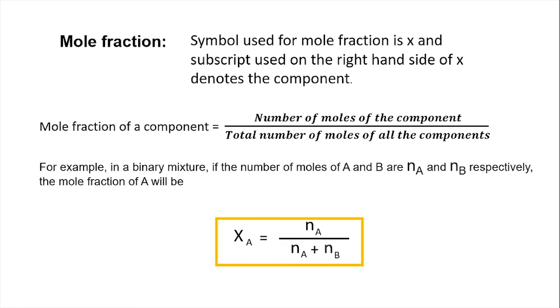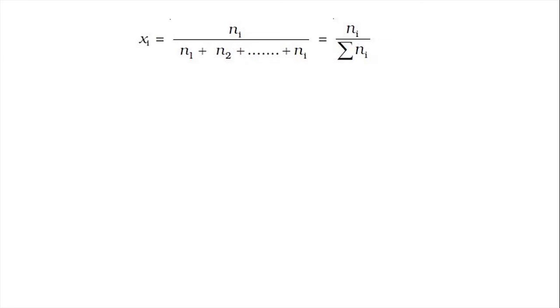For a solution containing i number of components, we have this equation. It can be shown that in a given solution, the sum of all the mole fractions is unity. The mole fraction unit is very useful in relating some physical properties of the solution, like vapor pressure, with the concentration of the solution, and is quite useful in describing calculations involving gas mixtures.